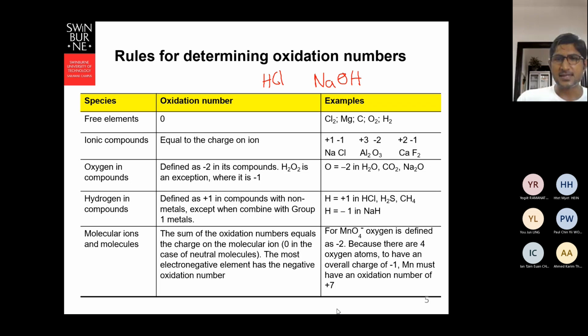Ionic compounds, like sodium chloride, sodium hydroxide, calcium fluoride: the whole compound is neutral, but within the compound the elements are not neutral. They carry some kind of charges, positive or negative.